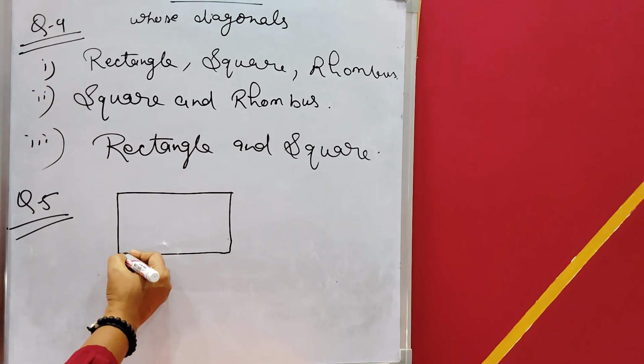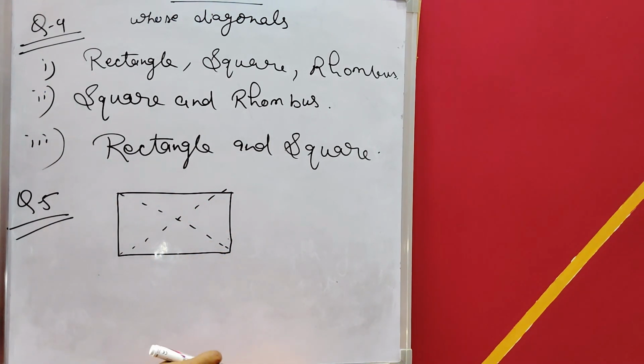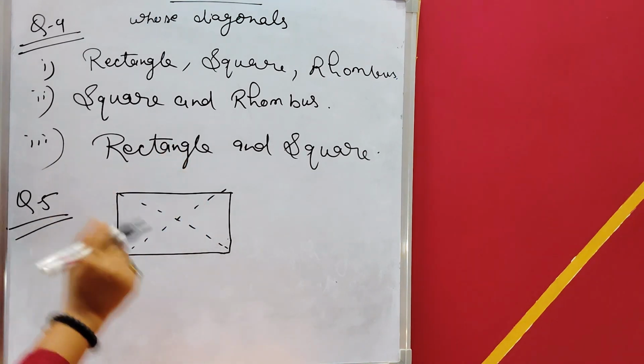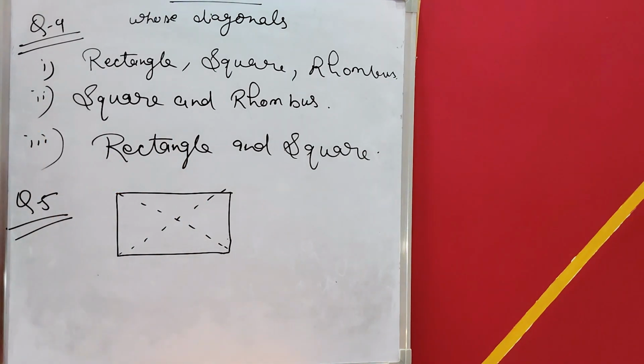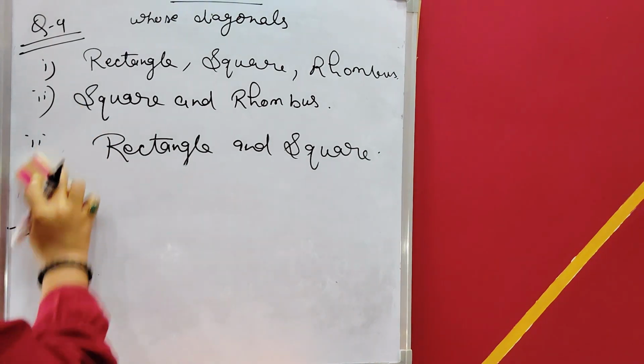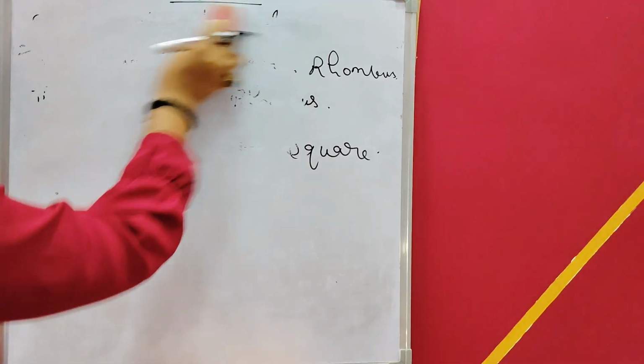Basically, there are two diagonals inside the rectangle, and both are lying in the interior of the rectangle. So it is known as a convex quadrilateral. Very easy. Okay. Next.